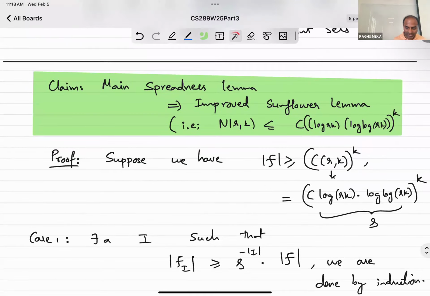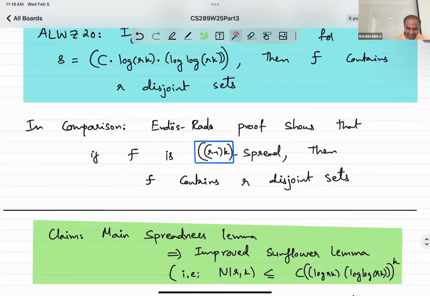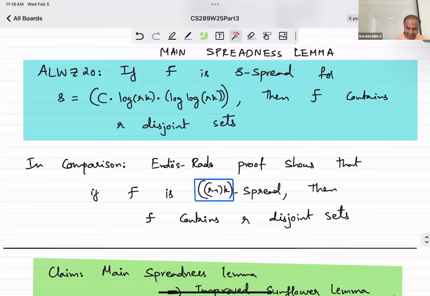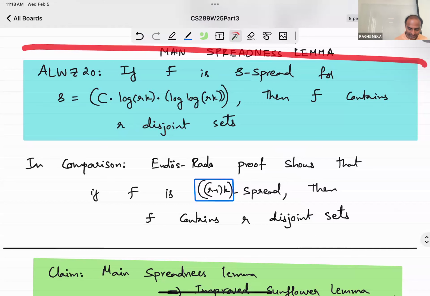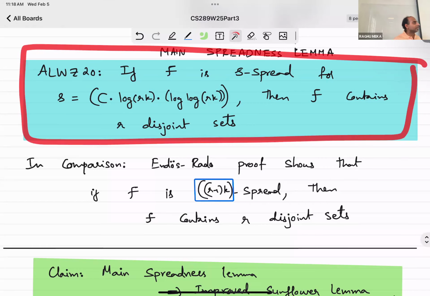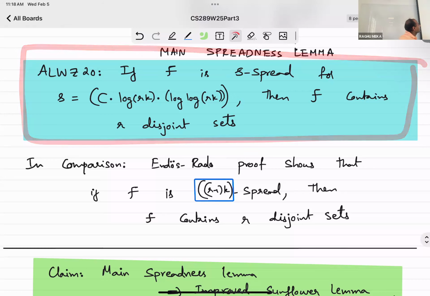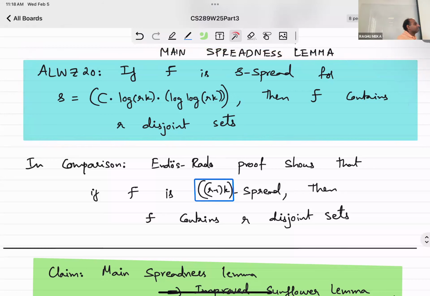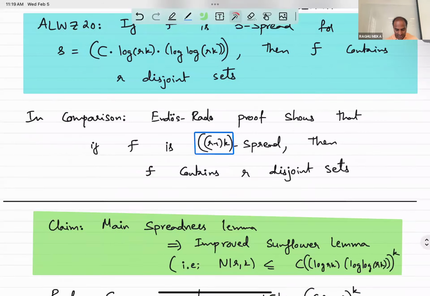Okay, so the entire thing is in proving this statement now. When you cannot use induction, we want to say you're done because you can find disjoint sets. Okay, so that's what we're going to focus on for today's lecture and the next lecture. All right. So how do we get to that bound?